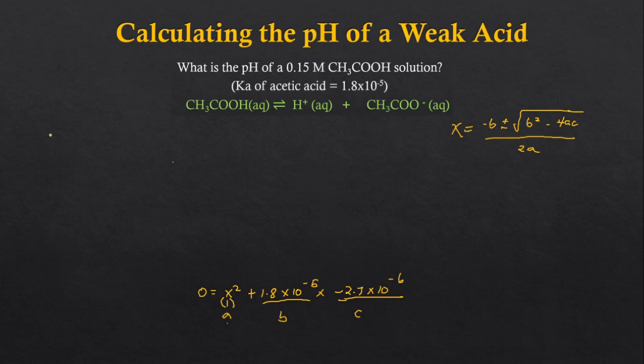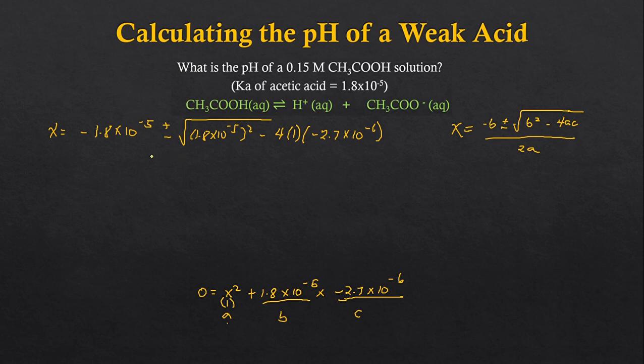We have x is equal to, ang b natin ay magiging negative 1.8 times 10 to the negative 5 plus or minus the square root of, okay, ang b squared natin, of course, that's 1.8 times 10 to the negative 5 squared minus 4 times 1 times, ang c natin ay negative 2.7 times 10 to the negative 6 all over, so yung a kasi natin 1 lang, so all over 2.